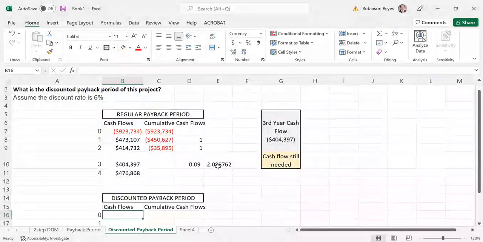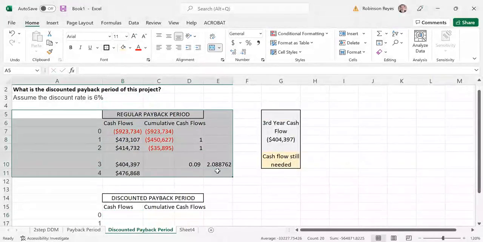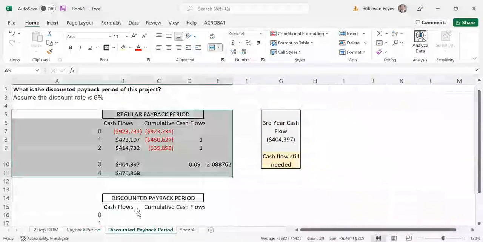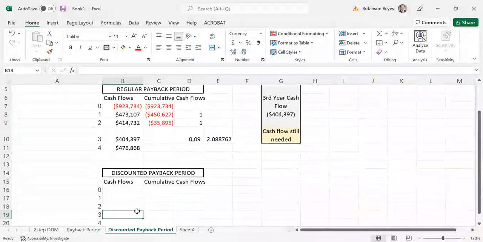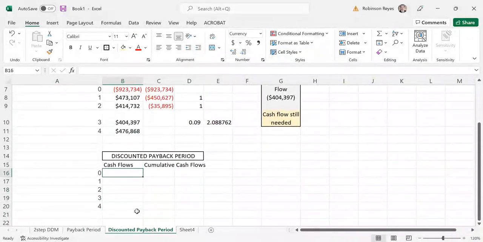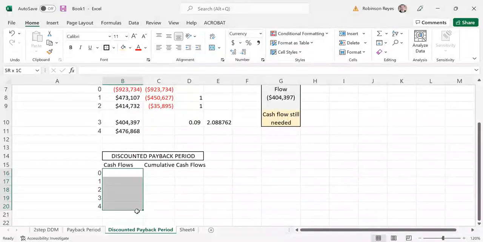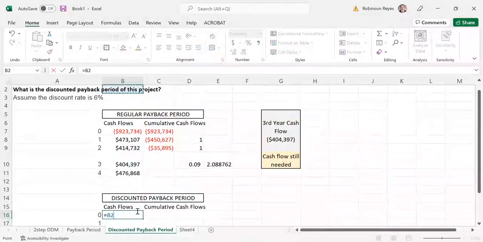We're going to copy this and do it exactly the same way we solved the problem before. Just that before we start our calculations, we will type the cash flows in present value and not the regular nominal values that we are expecting in the future. So we will do this.